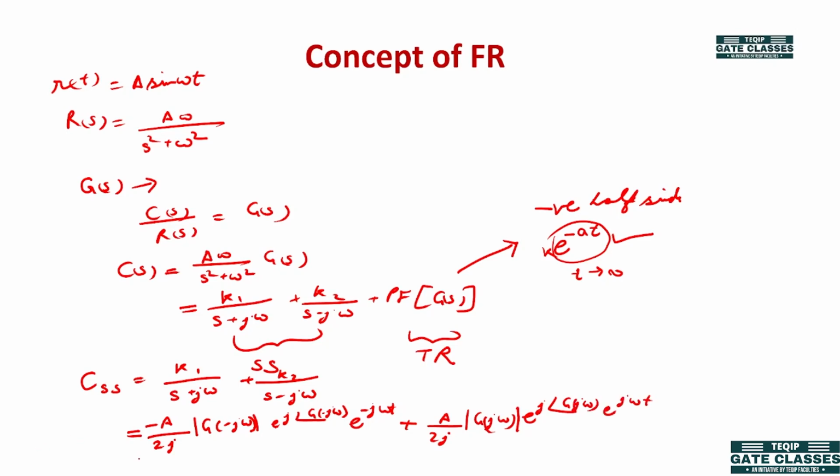So we take the common terms out and we get A upon 2j magnitude G(j omega) into e to the power j(omega t plus phi) minus e to the power minus j(omega t plus phi).